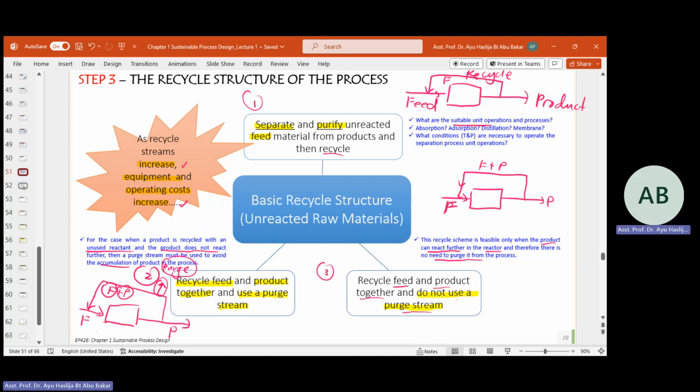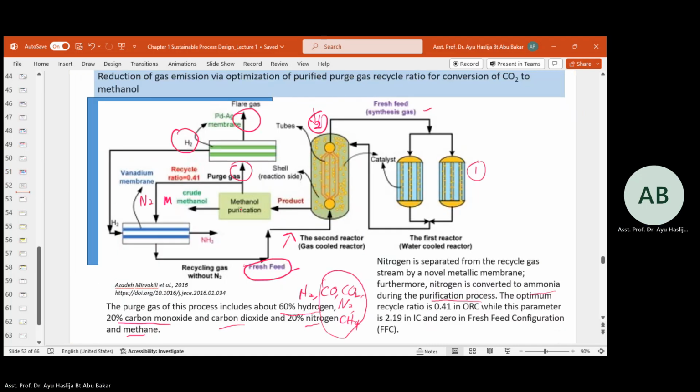Okay, let's see. Here it purges the feed and the byproduct. Right? Yes, we can consider this as the second case, to avoid accumulation.